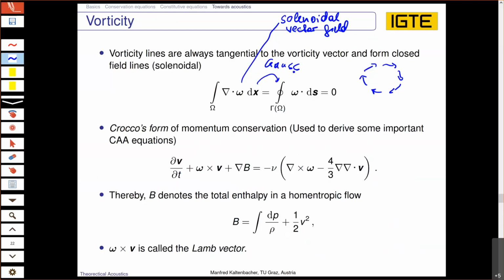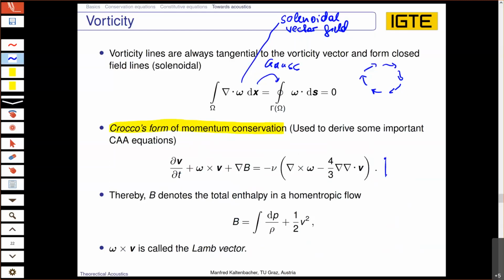By rewriting the momentum conservation with this vorticity vector field, we come up to Crocco's form of the momentum conservation, which is quite different, as you can see here. I just have written it down. The derivation you can find in the script.